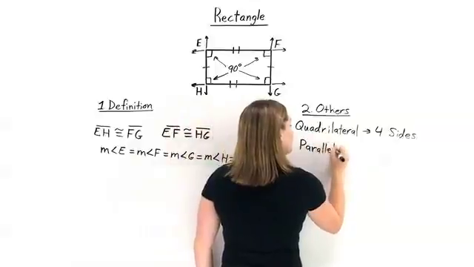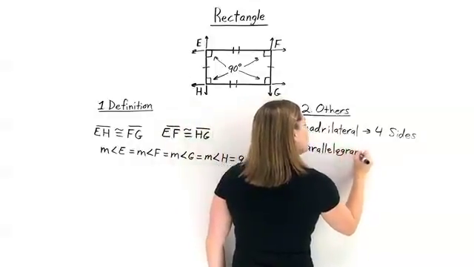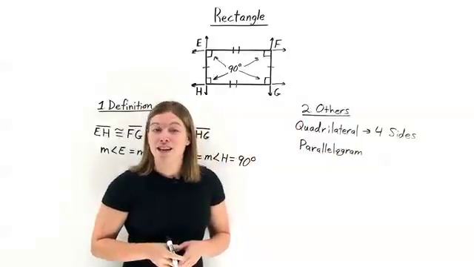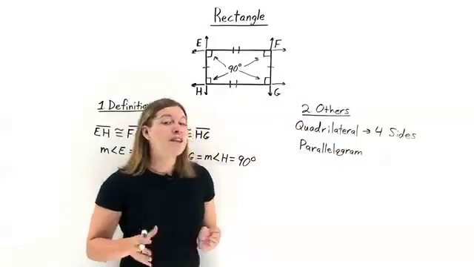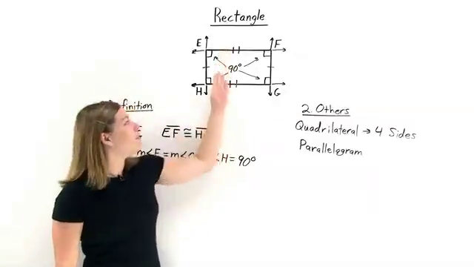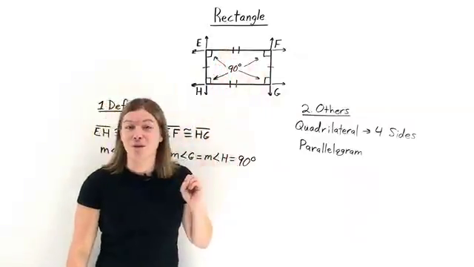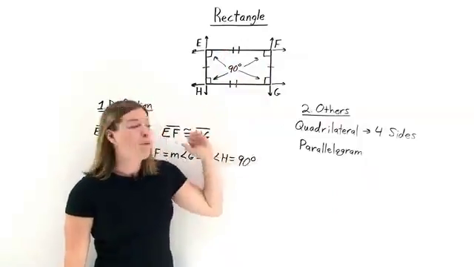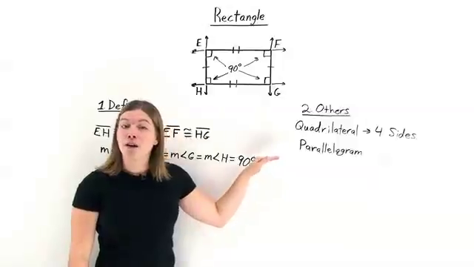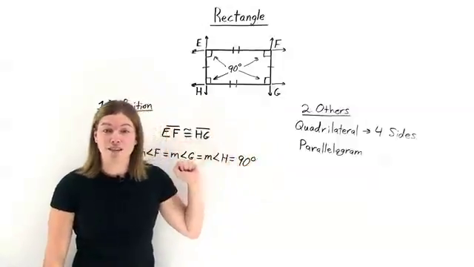A parallelogram. A parallelogram is a 4-sided figure where the opposite sides are parallel and congruent. Well, we just said that all rectangles have opposite sides that are parallel and congruent. So that means that all rectangles are parallelograms. But not all parallelograms are necessarily rectangles.